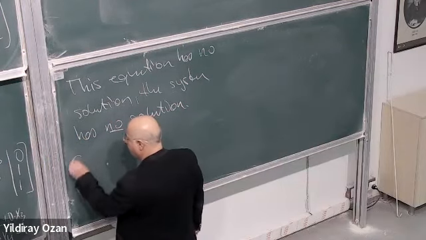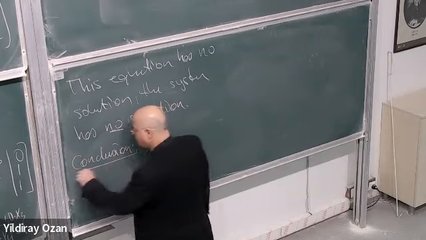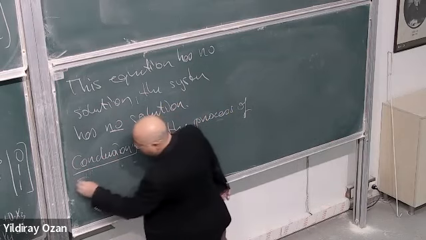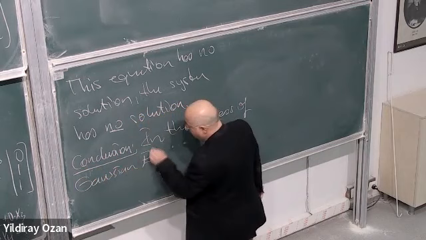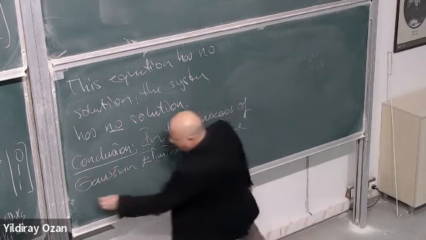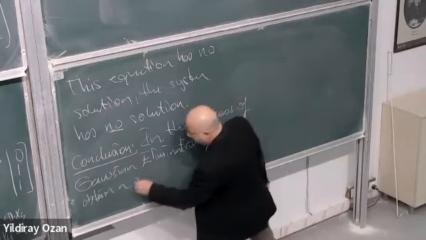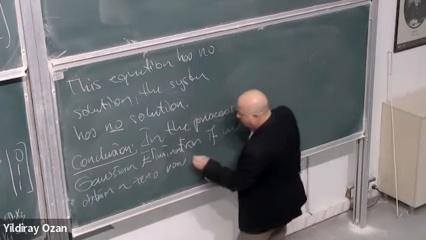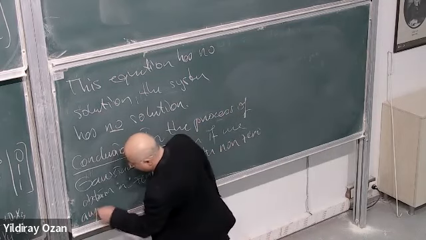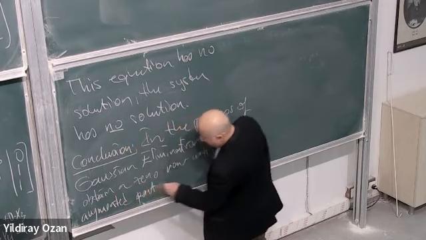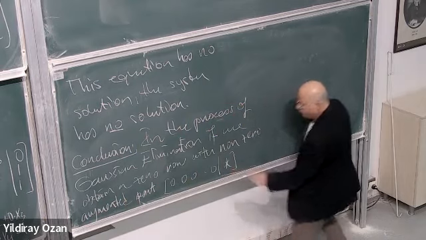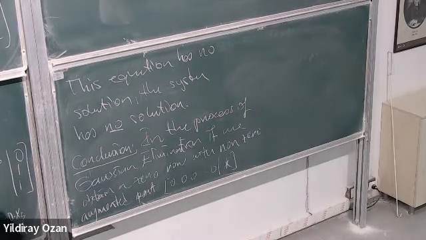So, what is the conclusion then? In the process of Gaussian elimination, if we obtain a zero row with non-zero augmented part, so something like this, okay, 0, 0, 0, zeros, and then here you have something non-zero, like this one, 0, 0, 0, and then 1.